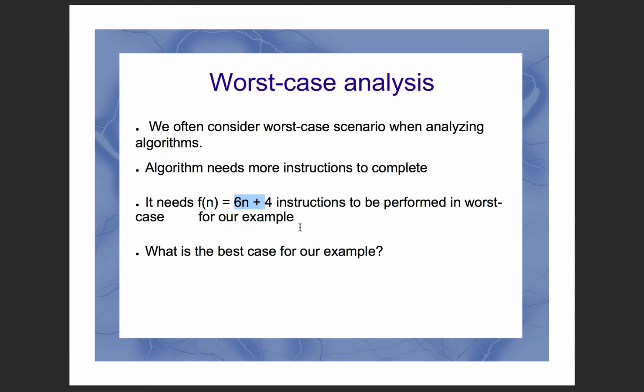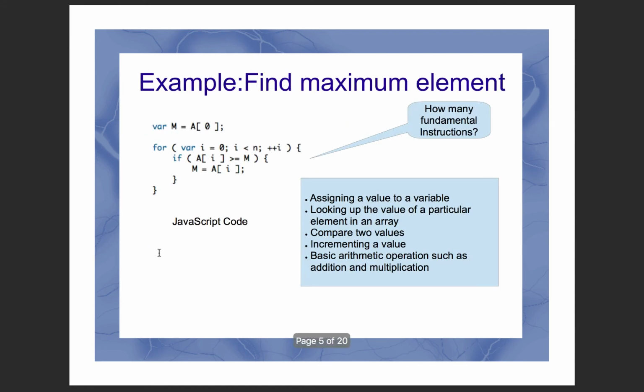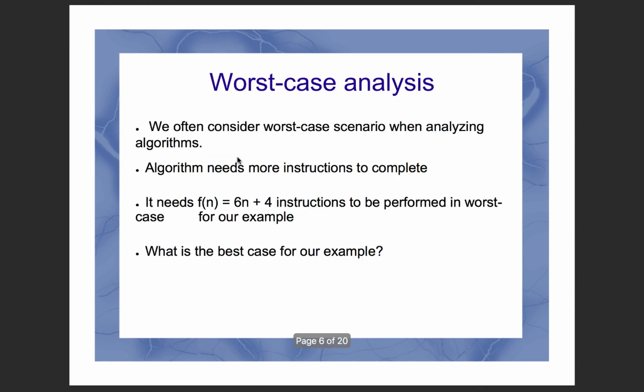So the total is 6n plus 4 instructions. What is the best case of your example? The best case has a smaller number of instructions. For example, if it never satisfies this condition, that would be the best case. In the best case you need fewer instructions.